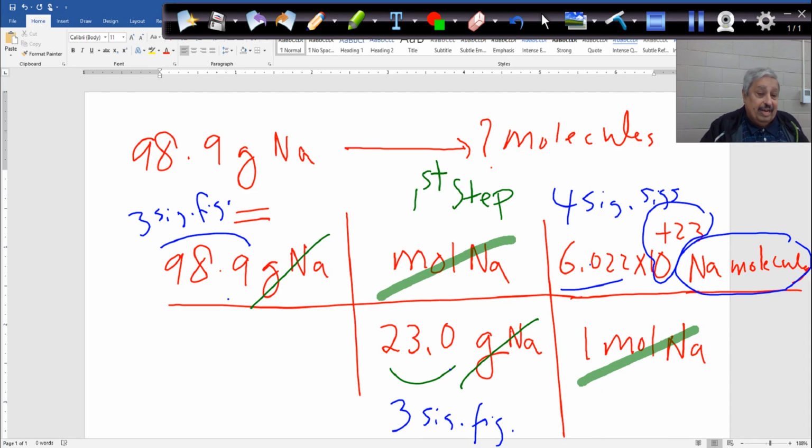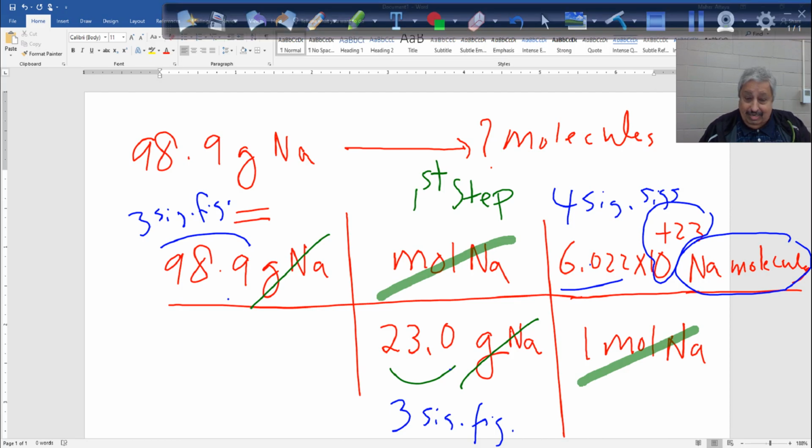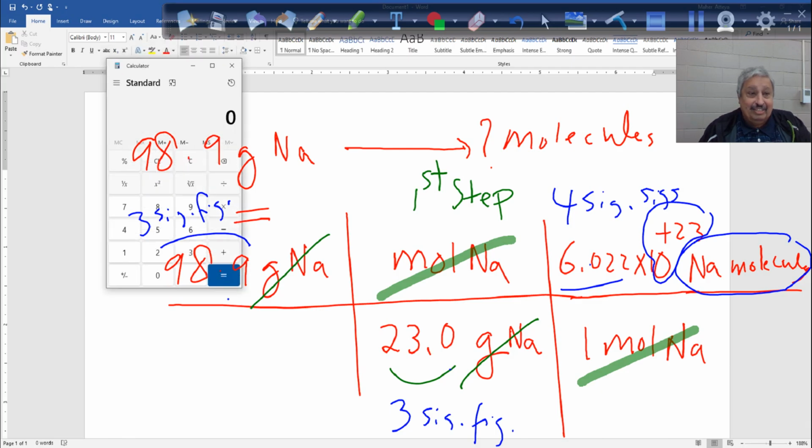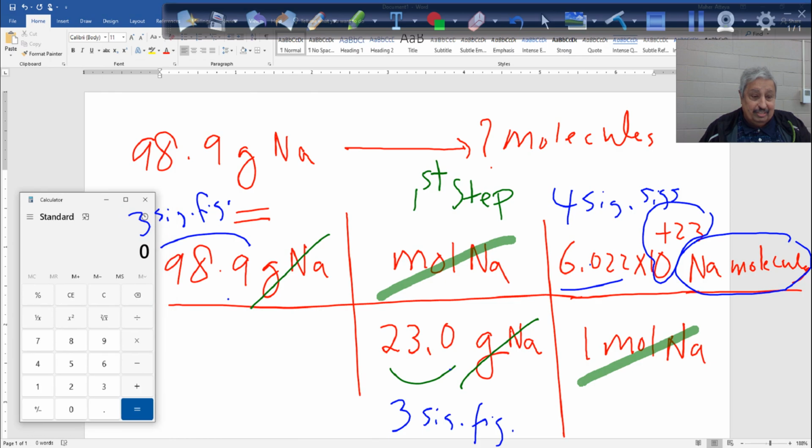So I will multiply 98.9, divide by 23, multiply by 6.022, then round off to 3 sig figs, and at the end multiply by 10 to the power 23. That's the best way. If you write the whole number in the calculator, you might get an error. So let me do it here to show you, then you can follow my steps. It's up to you, but I can't guarantee you won't make a mistake with the exponents.